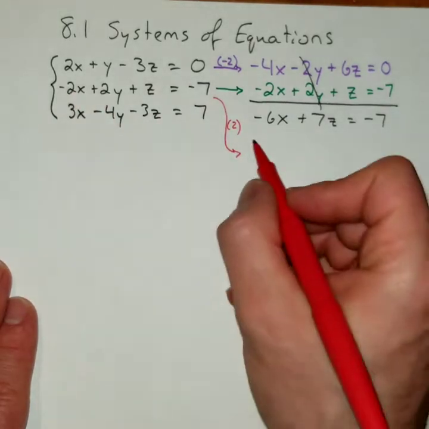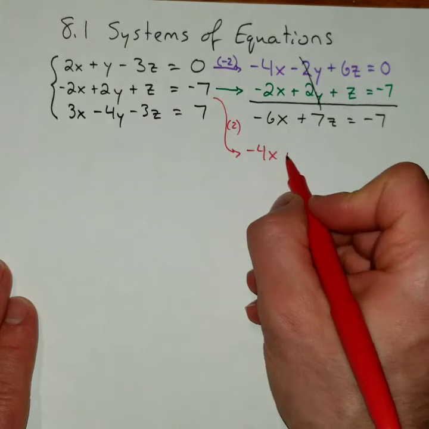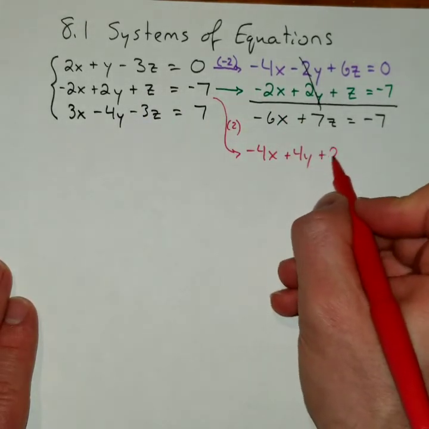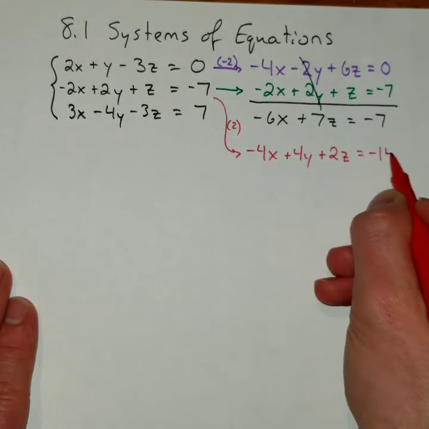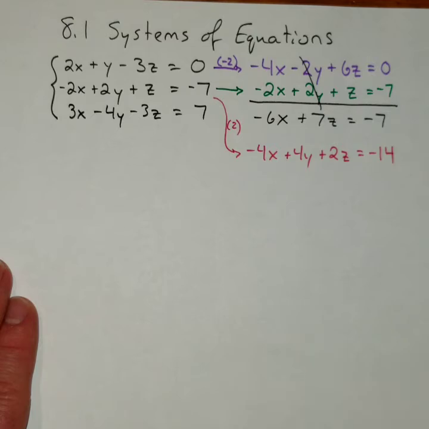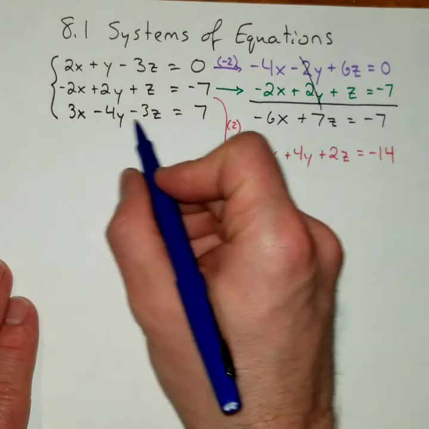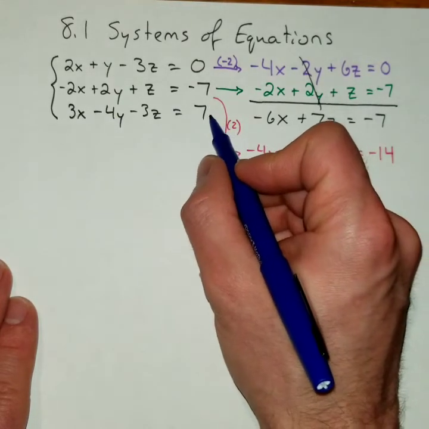So 2 times -2 is -4. 2 times 2 is 4. 2 times 1 is 2. 2 times -7 is -14. Okay. Now the third equation I don't have to do anything with because I already have my opposite coefficient there.